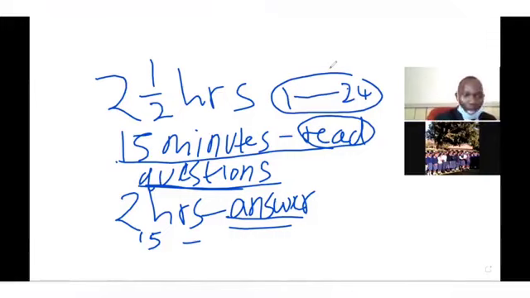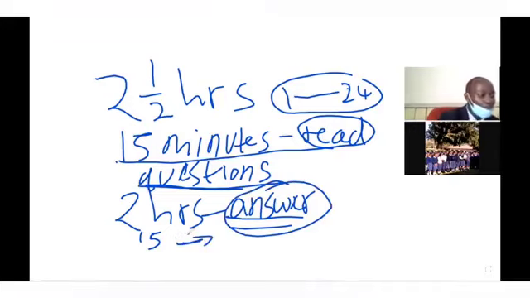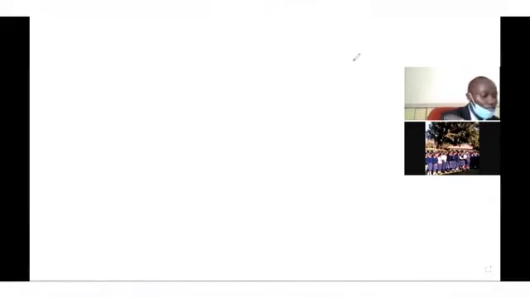You can answer them in short form in the question paper because it is yours. There's no problem. Then for the next 2 hours, you answer the questions. Then the last 15 minutes, review your work. Anything that is not needed, make sure you cancel. You can even use the back of the question paper to prepare your answers.